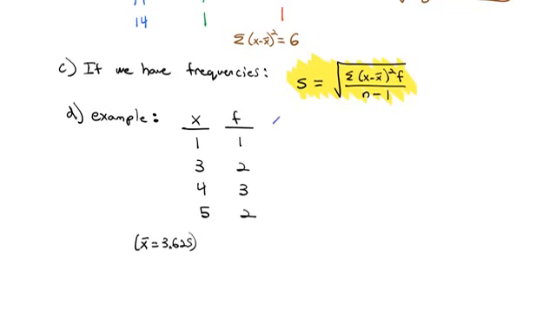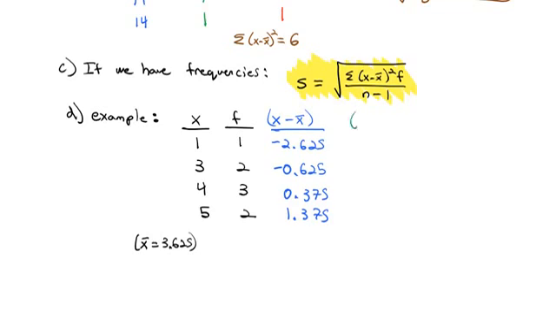Now we'll make another column for x minus x bar. 1 minus 3.625 is negative 2.625. 3 minus 3.625 is negative 0.625. 4 minus 3.625 is 0.375. And 5 minus 3.625 is 1.375.